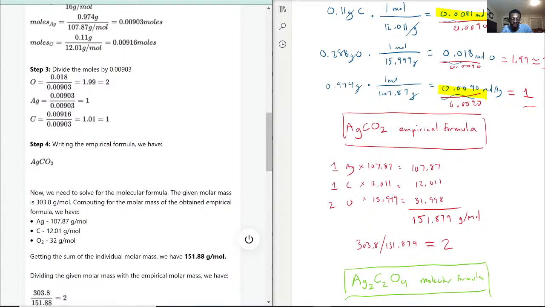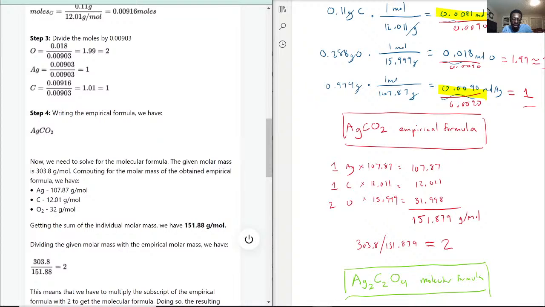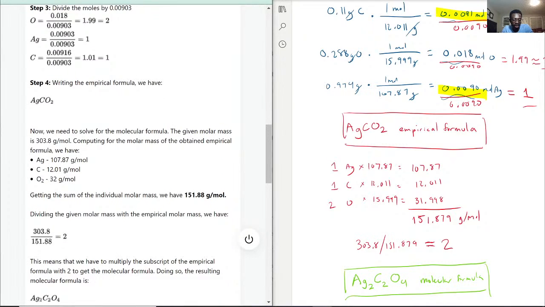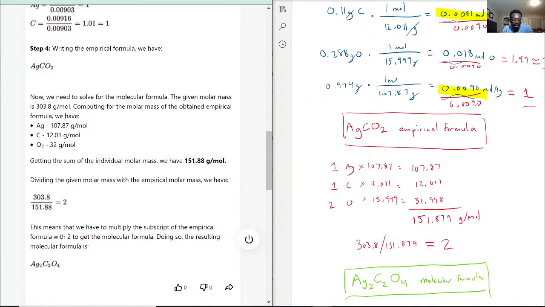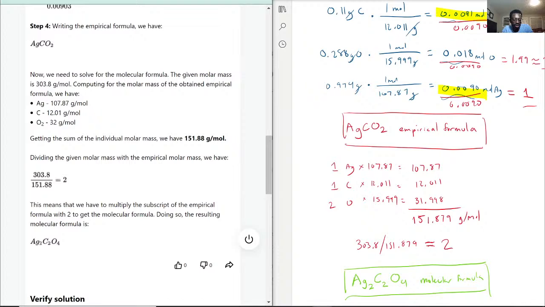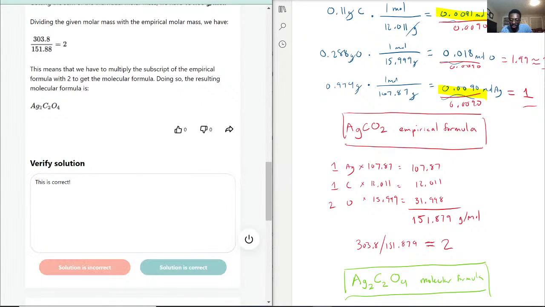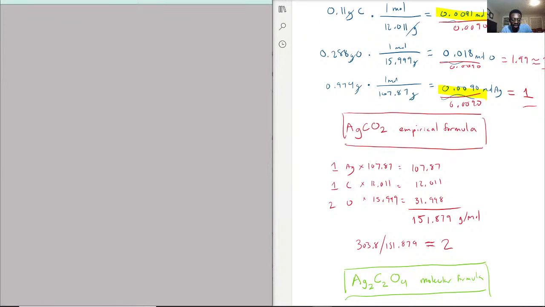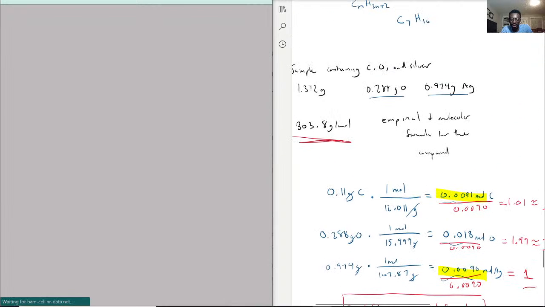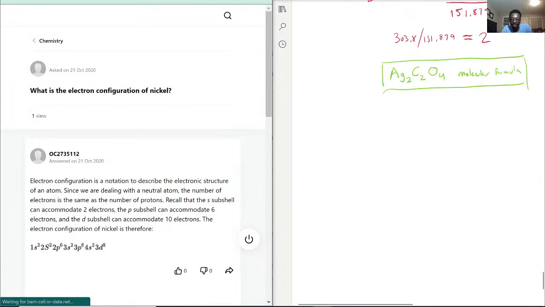And now they figured they only had 151.88, perfect. So there's a ratio of 2, and that means they got Ag2C2O4 for the molecular formula. Perfectly done. This is correct. A lot more streamlined than the previous question, so that's good to see. Now let's move on to question number 18.